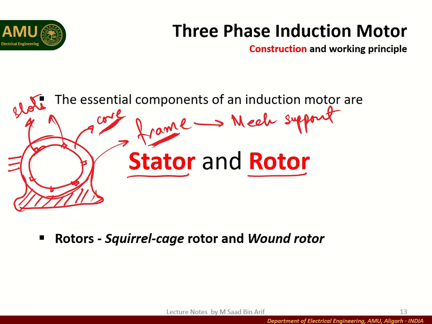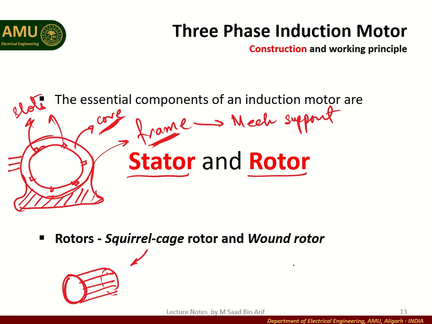It can be a squirrel cage type, the structure we discussed in the principle of operation, with bars short circuited at the ends. The short circuiting is done in order to establish the circulating current, so that force starts exerting on these conductors.